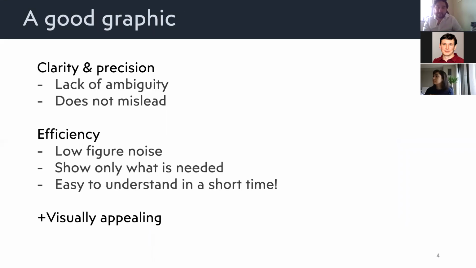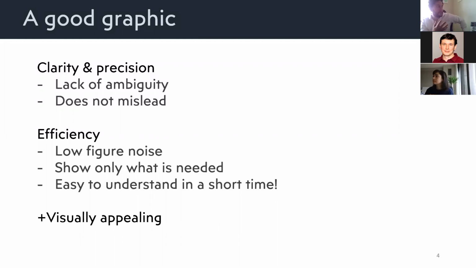So a good graphic should have these aspects: clarity and precision, lack of ambiguity, and especially in science, do not mislead the reader. It has to be efficient. That's very important. It has to avoid noise in the figure, unnecessary items that do not contribute to the role of the figure.